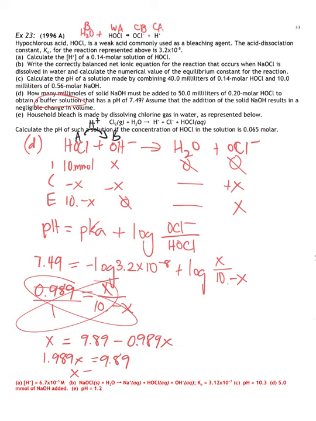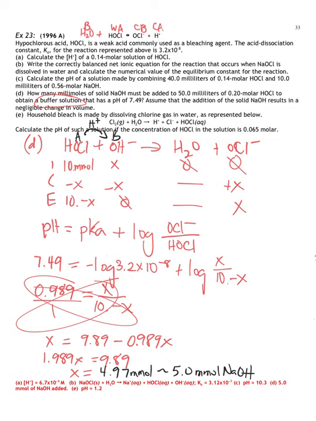And then solving for x, x ends up being equal to 4.97 millimoles of sodium hydroxide, but if you want to sig fig it correctly, it's 5.0 millimoles of NaOH that you would add into the solution to make that buffer solution of pH 7.49.